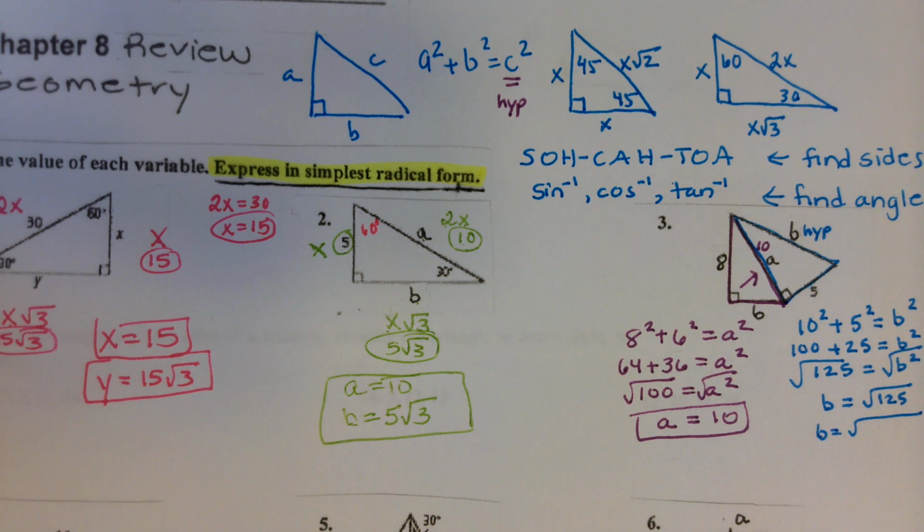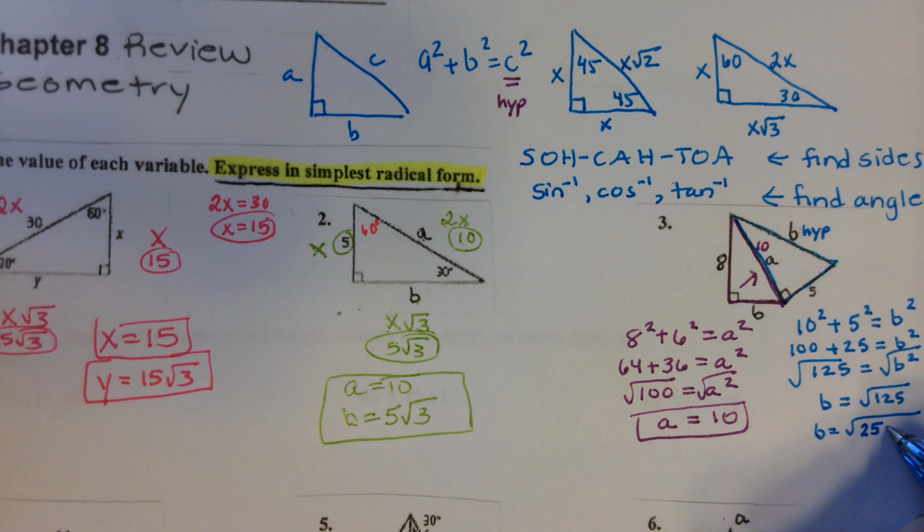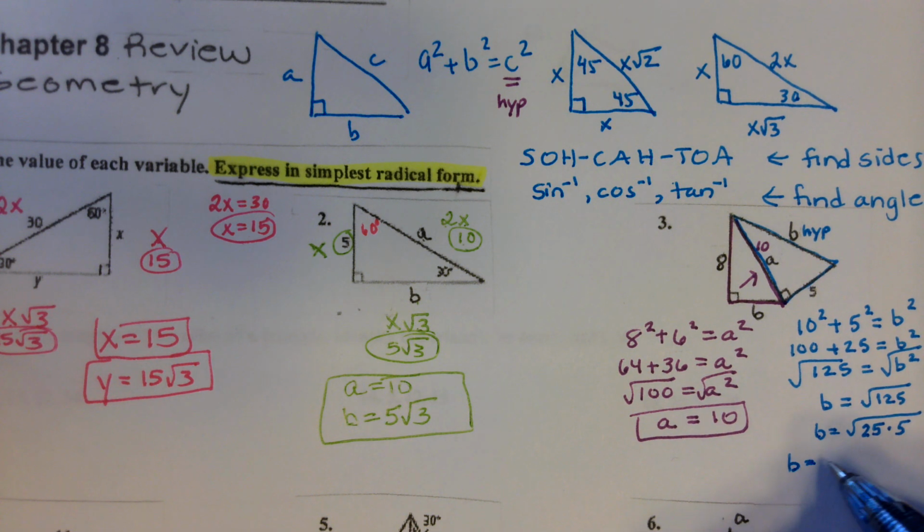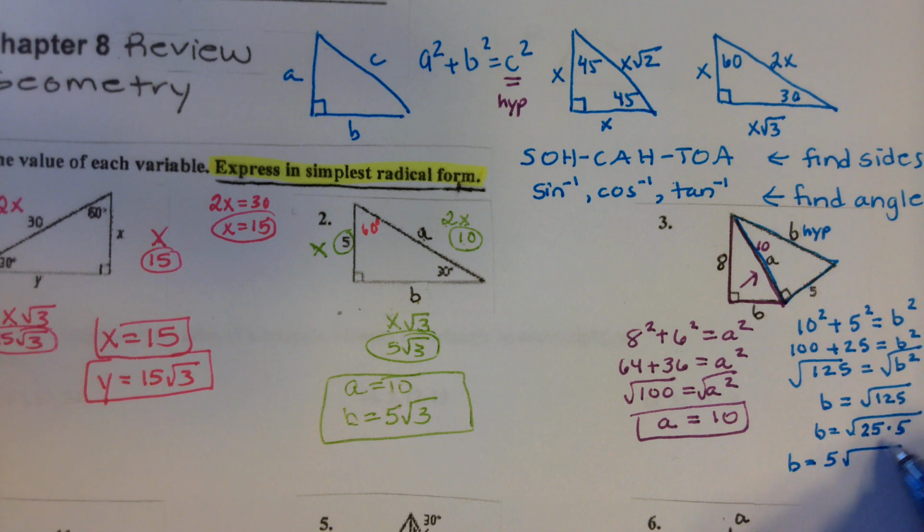The perfect squares are 4, 9, 16, 25, ding, ding, ding, 25 times 5. So the square root of 25 is 5, and that escapes out of the square root, but this 5 is left inside. And we're done.